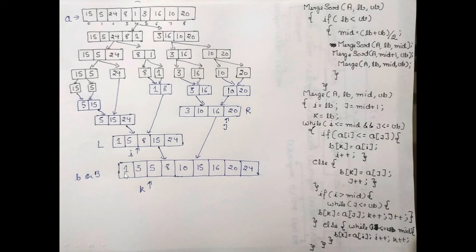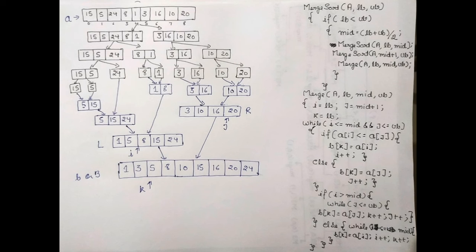So the first element will be 5, and 15 will be assigned second. Imagine that it is not sorted in the first place, so the first element in the first call will be 5. And again j plus plus, that is, j will be moved to the next element.